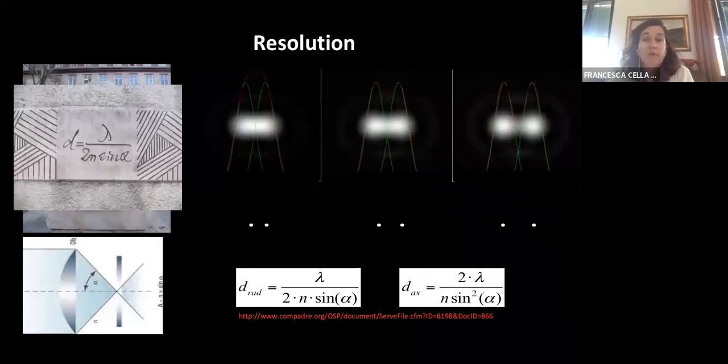This means that we cannot resolve objects within our samples that are closer than the diffraction limit, the distance that is given by the Abbe's law, as you can see here. And if two objects are closer than this distance, that depends on the wavelength and the numerical aperture of the lens you are using, this means you cannot resolve the two objects.